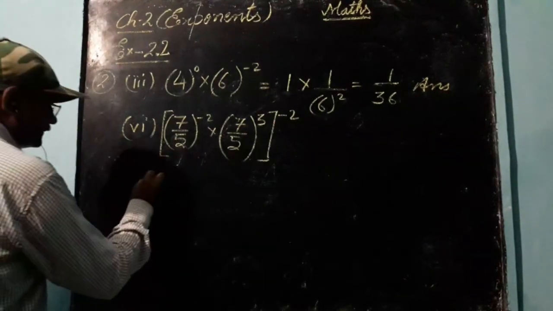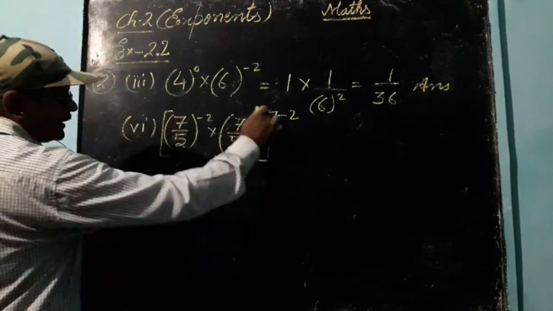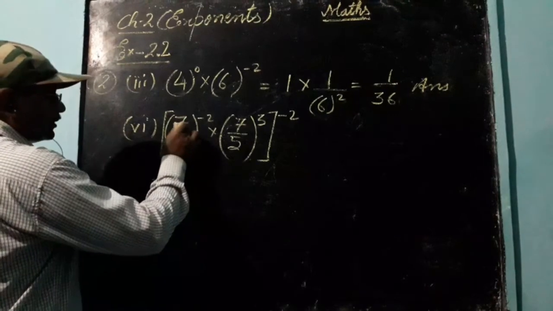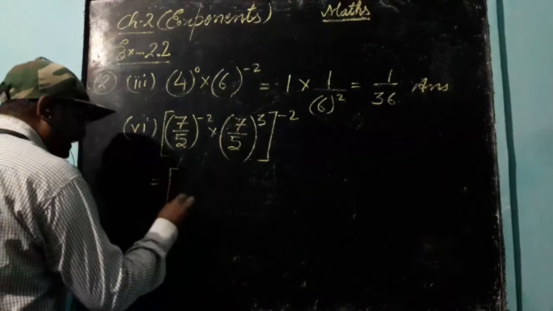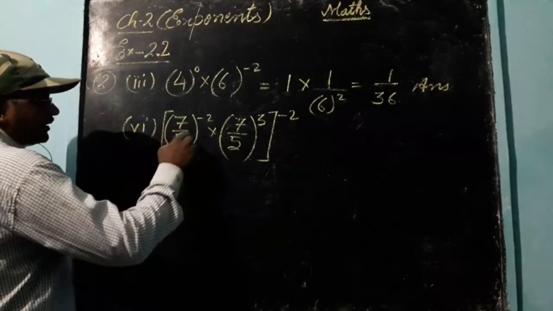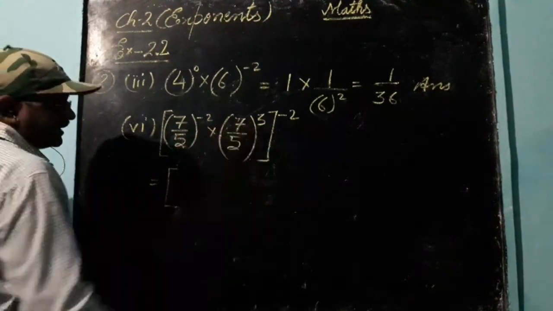So first of all, you will solve inside the big bracket. पहले हम सॉल्व करेंगे बिग ब्रैकेट के अंदर। So inside the big bracket, first of all you will observe the base 7/5 to power 2 into base 7/5 to power +3.